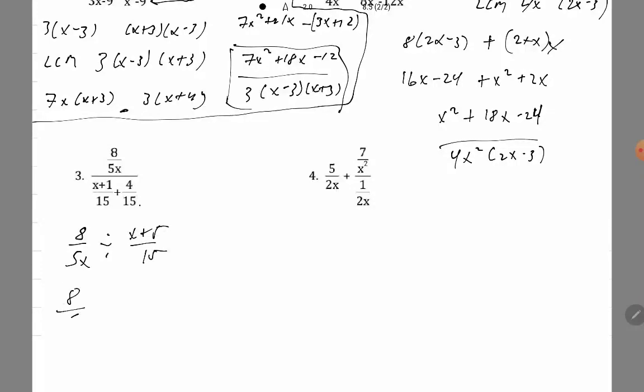Now I can change it into multiplication. So this 15 becomes 3, that becomes 1. So I got 24 over x times x plus 5.